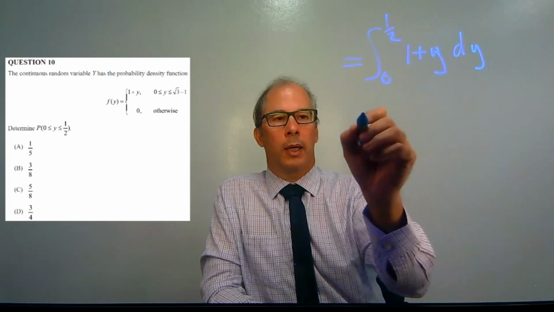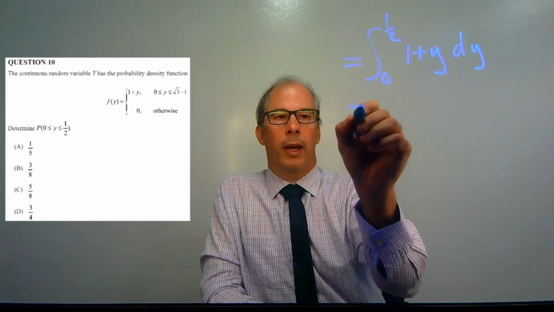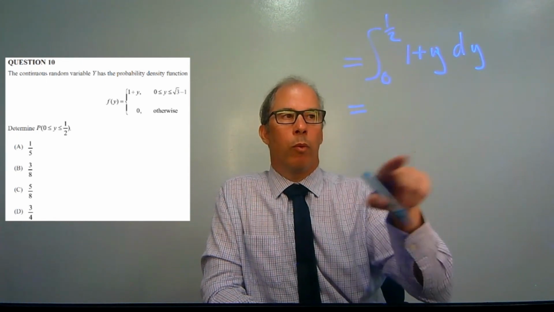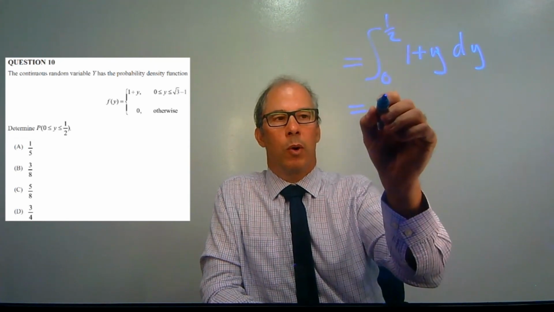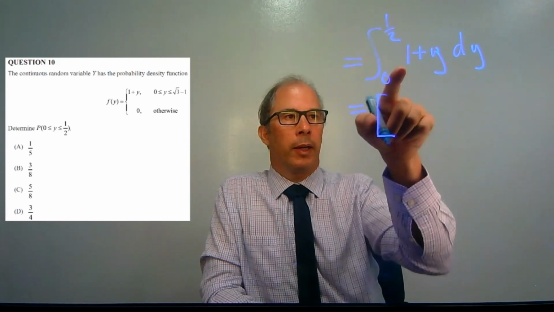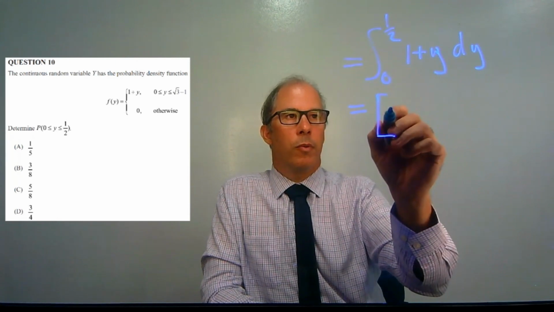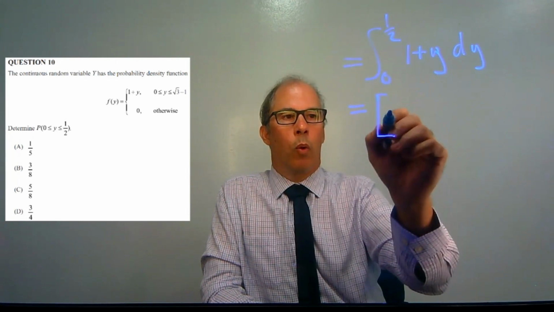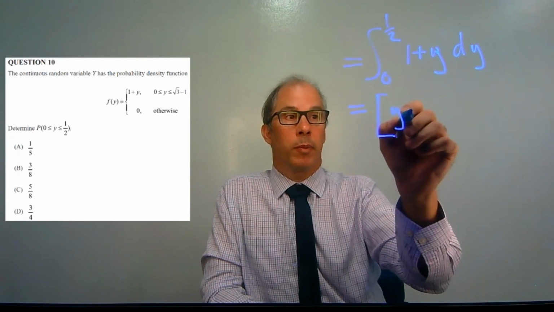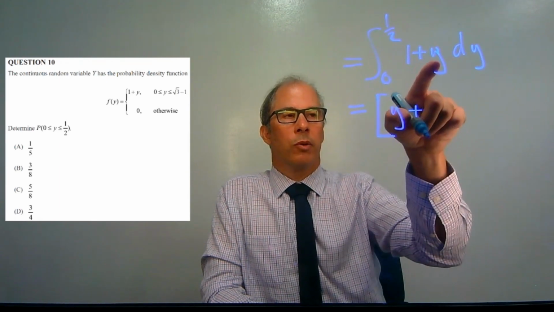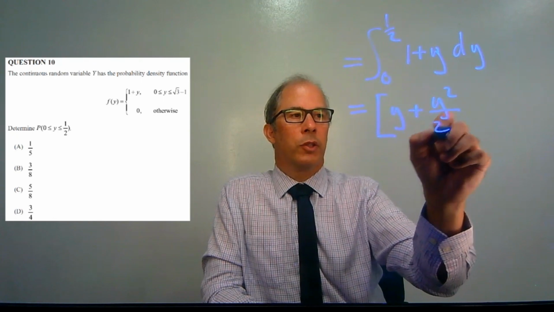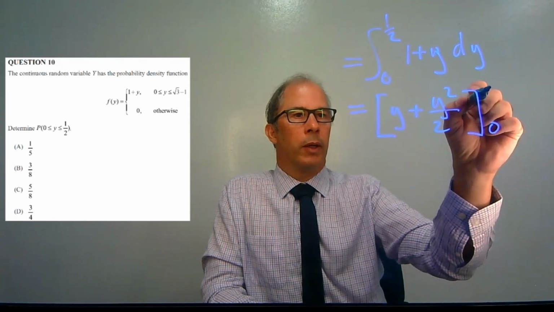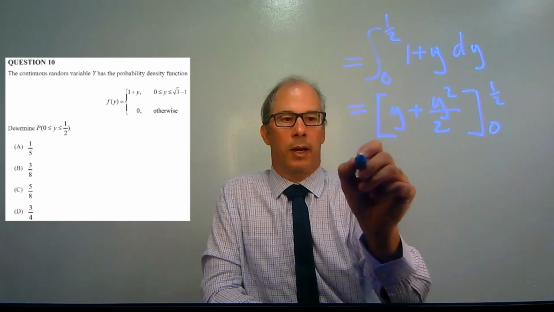We're going to integrate this as we have previously with dx, but in this case we've got a dy. We're going to end up with the integral of 1, which is just y, plus the integral of y, which is y squared over 2, and our bounds are 0 and a half.